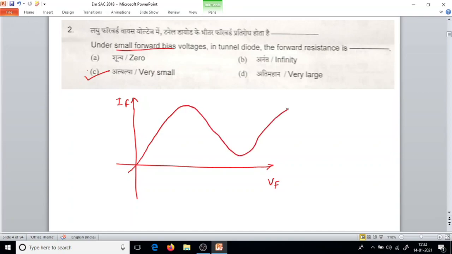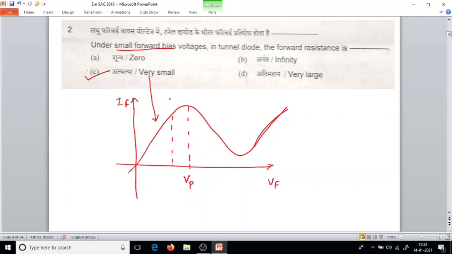Then we get one kind of graph like this. See, this is the small voltage drop. Up to here, we are applying a small forward bias. When it reaches the maximum current, this is called the peak point in the forward biased characteristics.